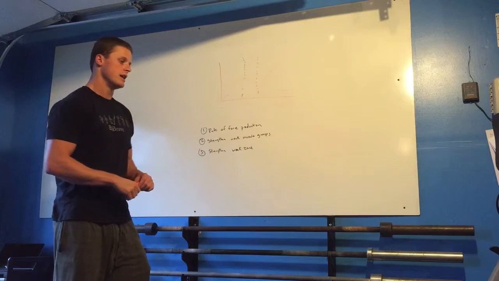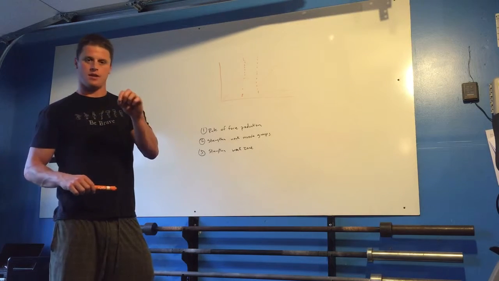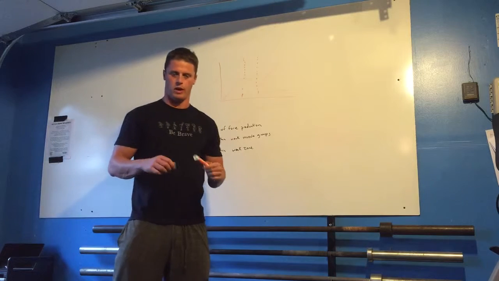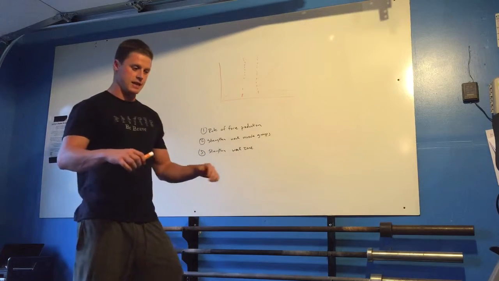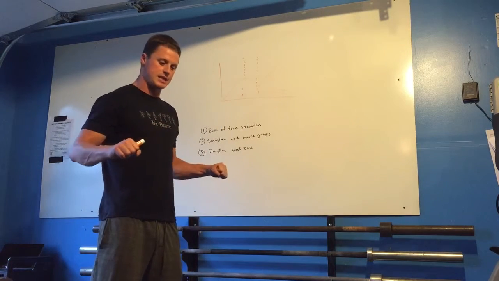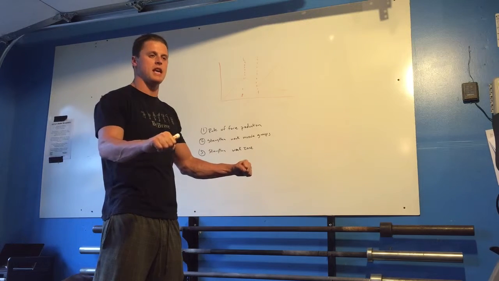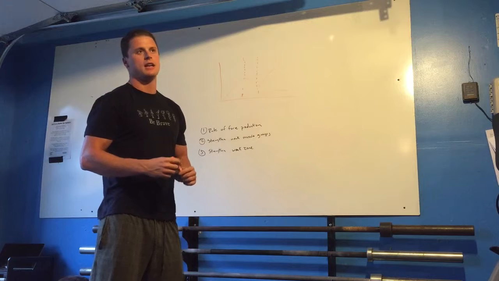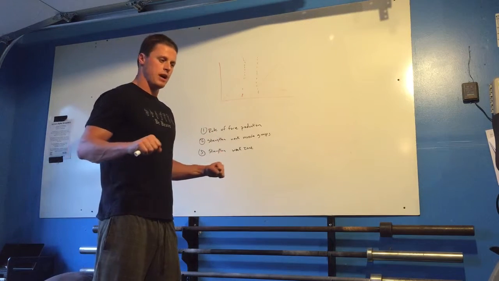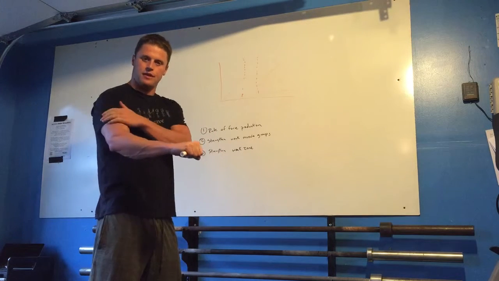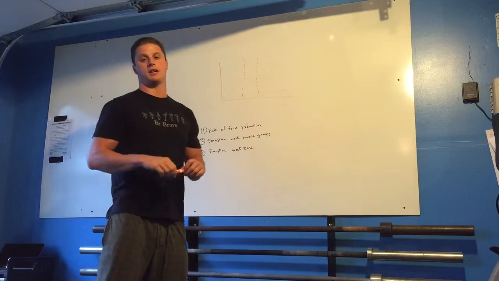The second one is honing in on the specific muscle groups that are weak within any given lift. So again, in that bench press example that I cited, they get up to about halfway, and then it slows down, and then they'll finish it out. Usually the second half of the lift, the triceps are the guys who are doing the job.